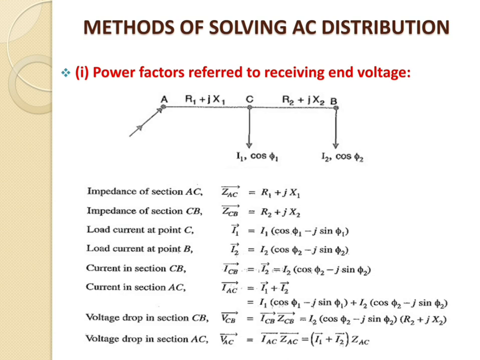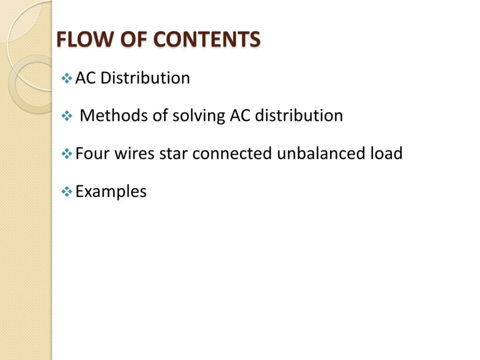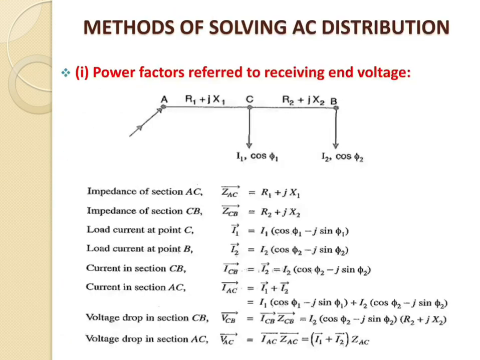So the impedance of section AC, ZAC, is given by R1 plus jX1, the impedance for this section only. Now the second one, the impedance of section CB, given by ZCB, is equal to R2 plus jX2.